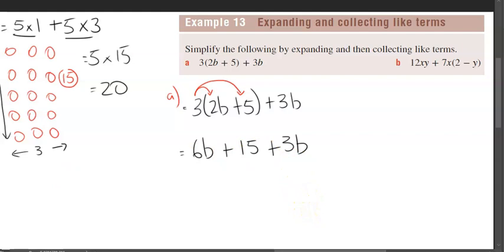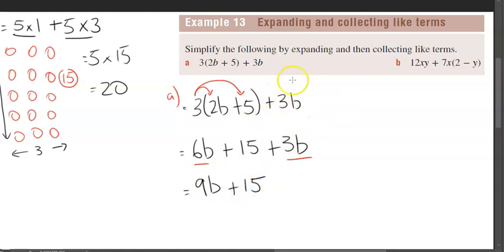Now we've got to remember, we can collect like terms. A like term is if there is a letter that is the same within this expression, they are like terms. They like each other. 6b and 3b are like terms because they have the b in common. So 6b plus 3b, we have 9 lots of b plus 15.